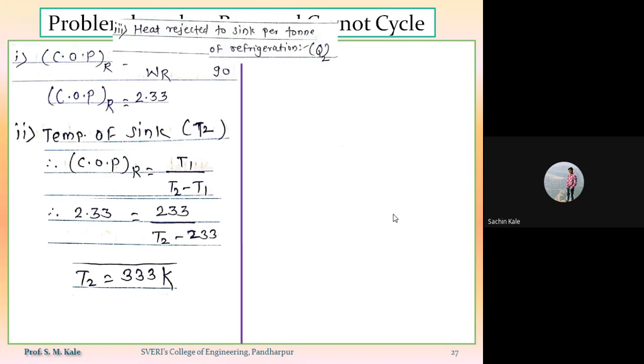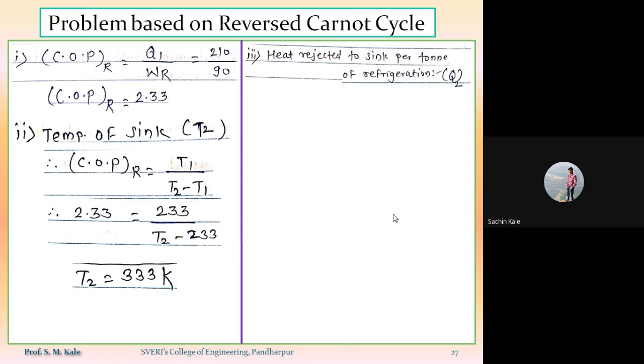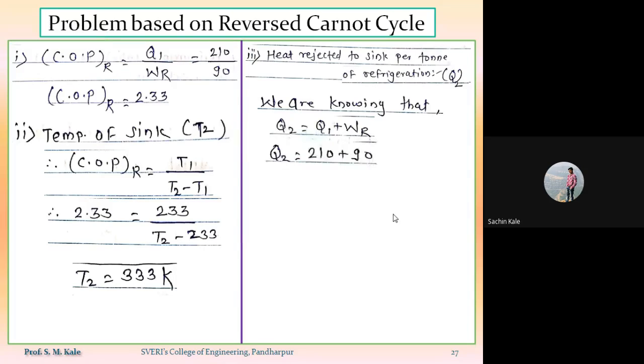Then third, we have to calculate the heat rejected to the sink per ton of refrigeration. That means we have to find the value of Q2. The formula is Q2 equals Q1 plus WR. What is the value of Q1? 210. What is the value of WR? 90. So Q2 is 300 kilojoule per minute.